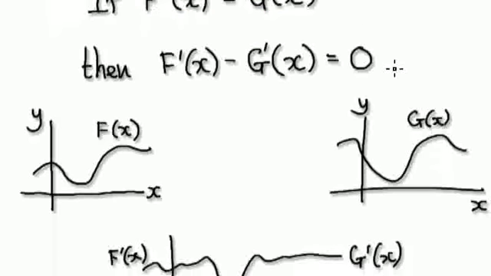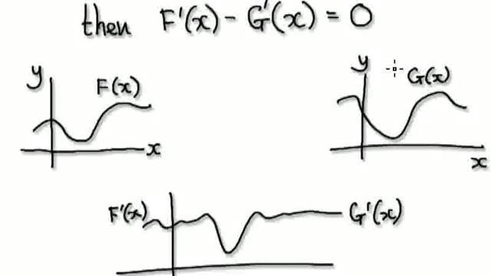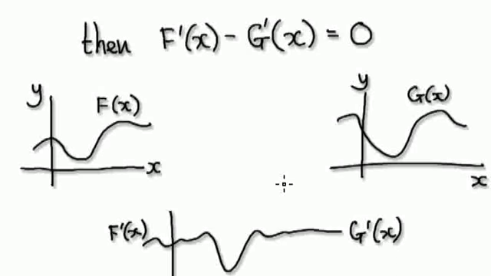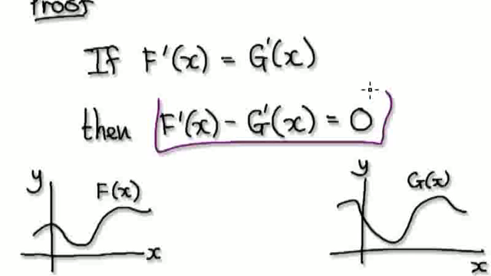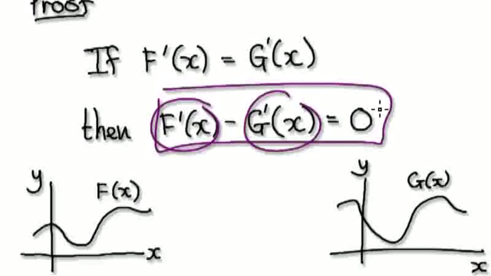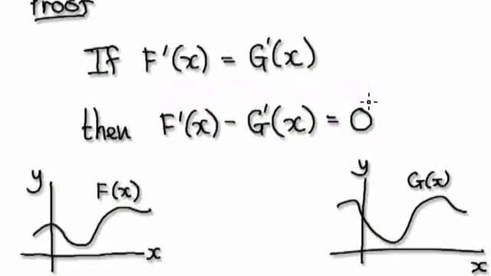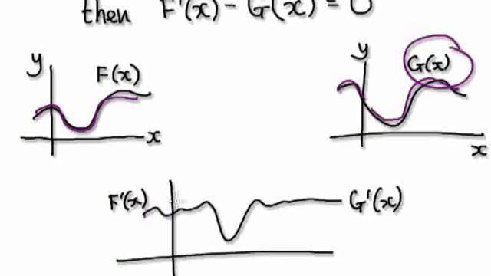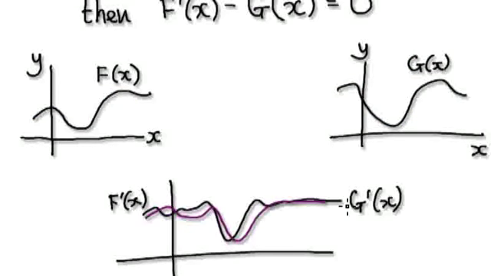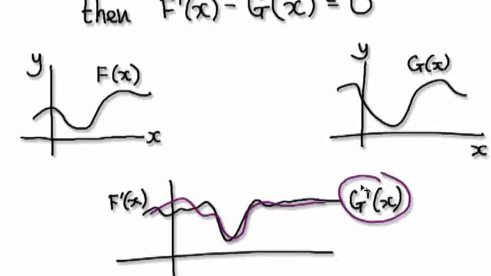Now, if the derivatives of the two functions are exactly the same, then, hang on, looking at this statement here, this take away this must equal 0. This line here represents the derivative of f, f prime of x, and it also happens to be the same derivative as g, so this line represents g prime.